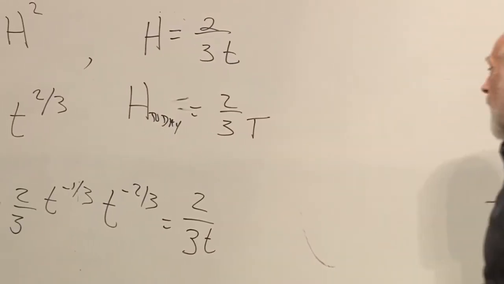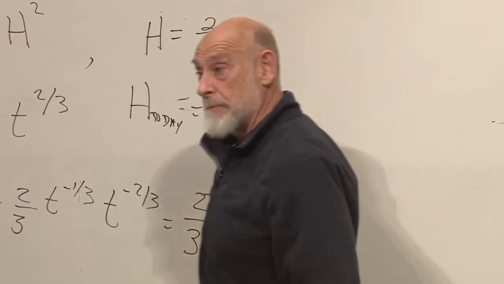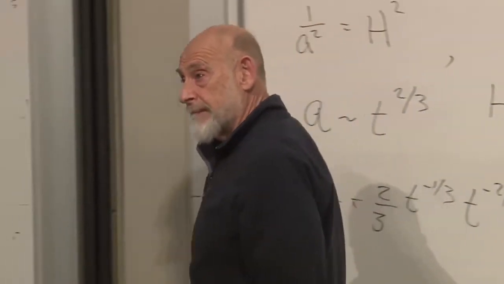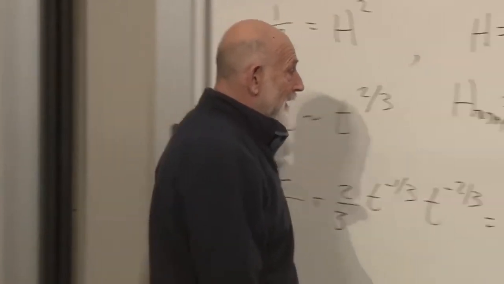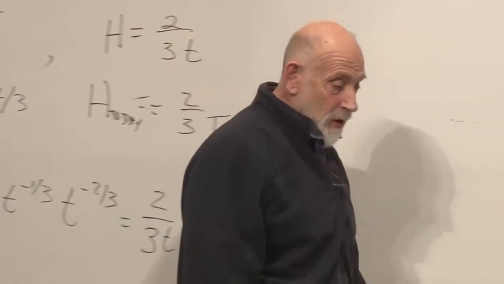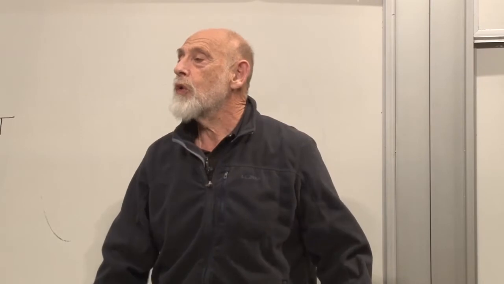What are the units of t? Time. No, seconds. Seconds? Sure. No, but it's just 2/3, 1 over t. I mean, there must be some speed of light floating around there. No. The units of the Hubble constant are 1 over time. But I mean, time can be years, hours, seconds. That's what I'm asking. Which time unit is this?